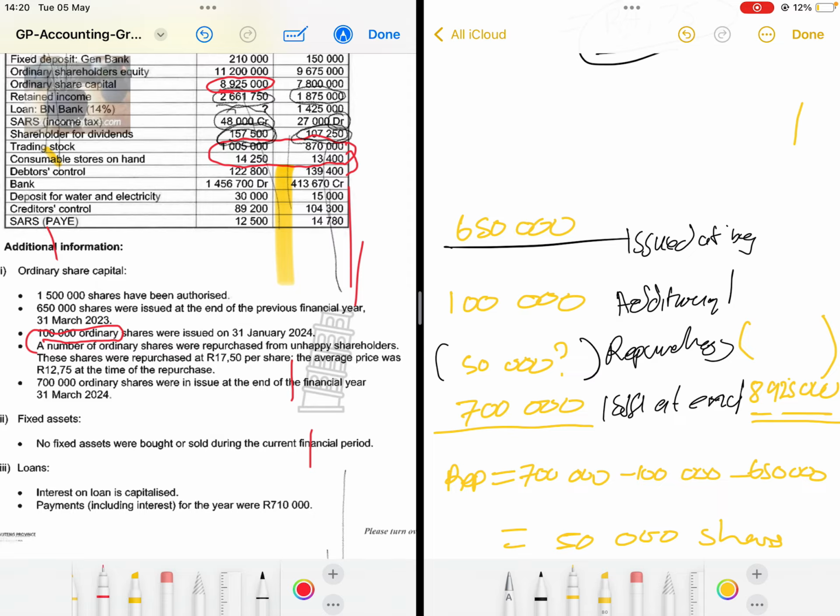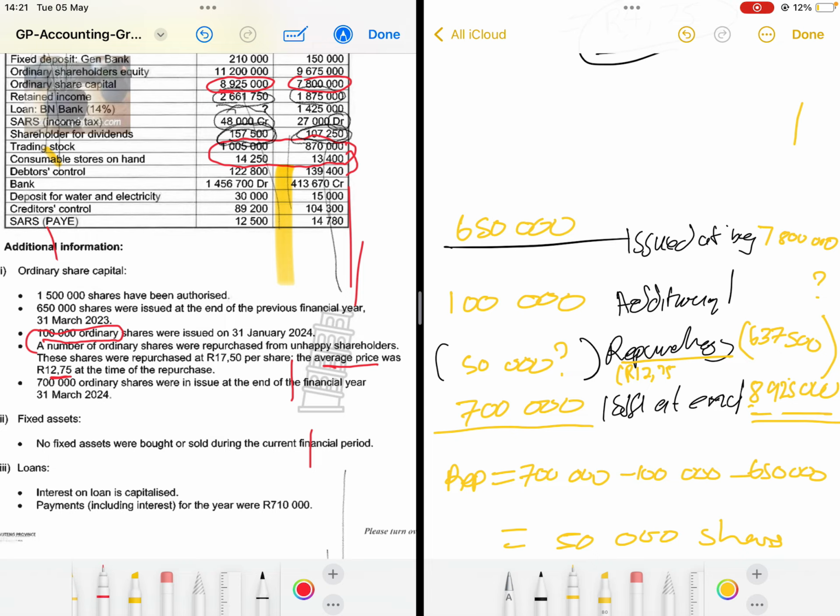Now, for the repurchases, I use the average price of ordinary share capital, which was 12 rand 75. Now 12.75 times 50,000 gives 637,500. Now I take the share capital at the beginning, which is 7,800,000. Now this becomes a balancing figure.